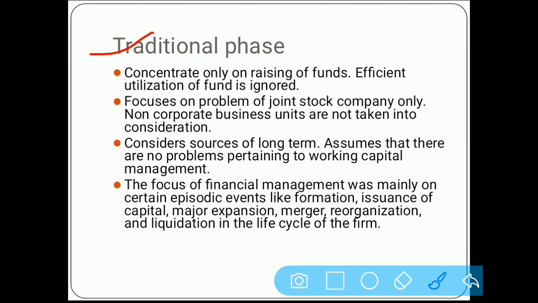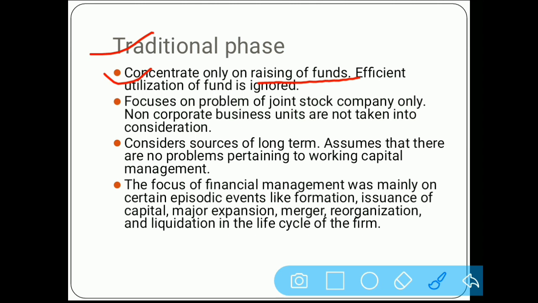What was mainly the aim of the companies or industries at that time? Firstly, the main aim of the company was only raising of funds. They were only concerned with raising the amount.